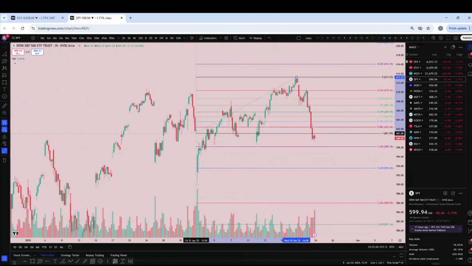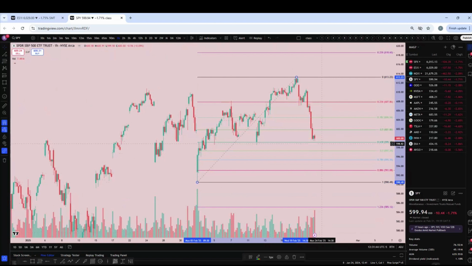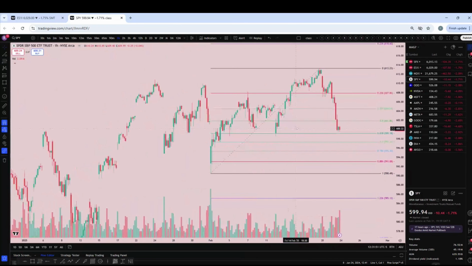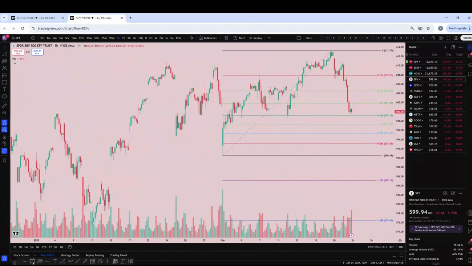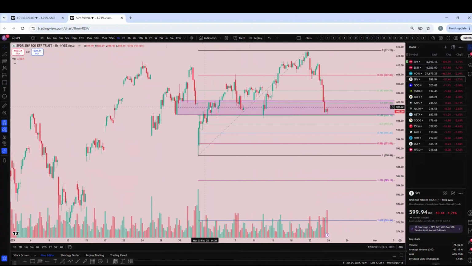So here, right, we're at this point, we're in discount, right? So last time we were in discount, what happened, y'all? If we look at this here, this is kind of an easy way to look at things. Every time we came in this little area, what happened? Shot up, shot up, shot up.